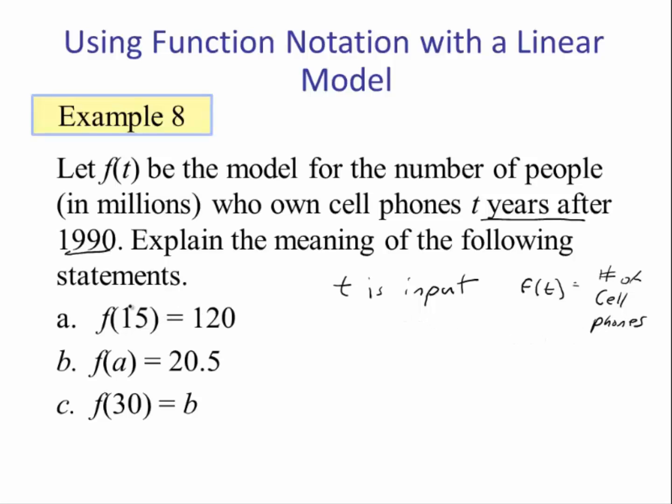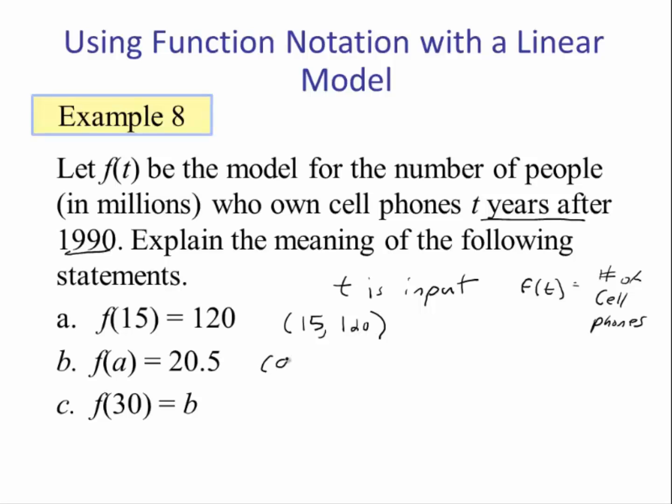For A, f of 15 equals 120. So what that means, as an ordered pair, when t is 15, f of t is 120. So what does that mean? That means 15 years after 1990, there are 120 million people who own cell phones. Another way we could say that is in the year 2005, there are 120 million people who own cell phones.